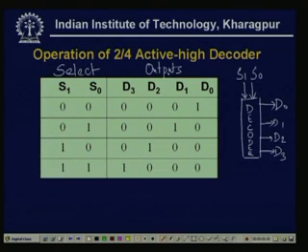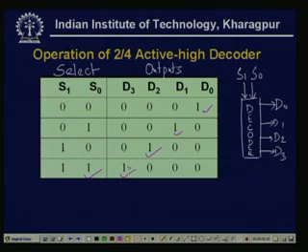If we put 0 0 in the select lines, then D0 will be active high. If it is 0 1, then D1 will be active high. If it is 1 0, that means S1 is 1, S0 is 0, then D2 will be active high, that means logic 1, and if S1 S0 is 1 1, then D3 will be active high.